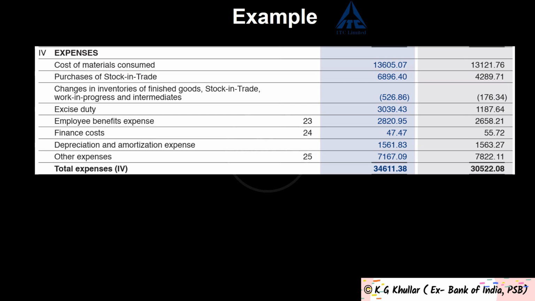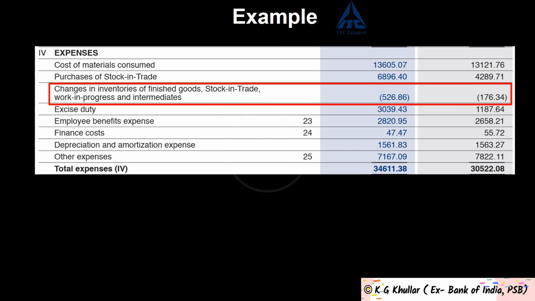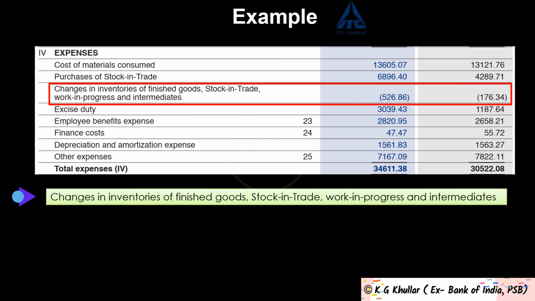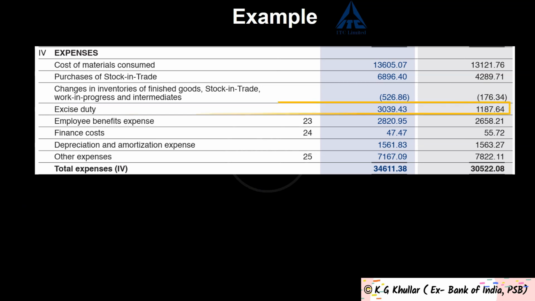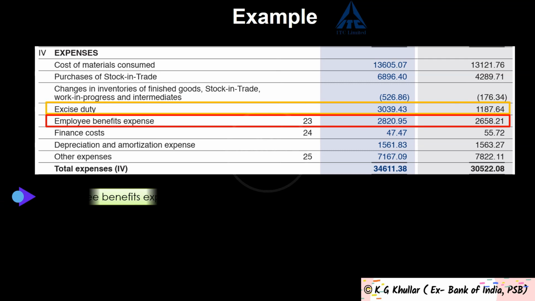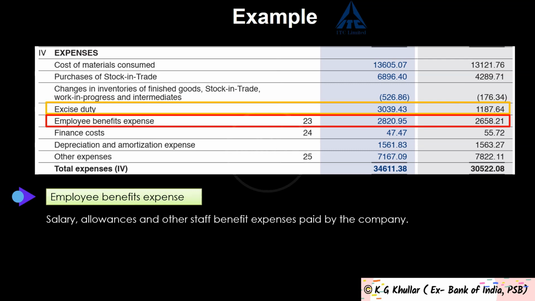Then next head is changes in inventories of finished good, stock in trade, work in progress and intermediates. Now friends, this basically means the difference between the opening and closing inventories of finished goods, work in progress and stock in trade. Then next we have excise duty, which is self-explanatory. Then after this we have employee benefit expenses. Friends, these are basically the salary, allowances and other staff benefit expenses paid by the company.